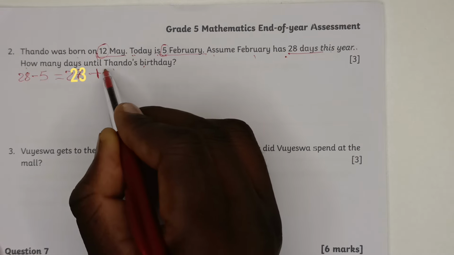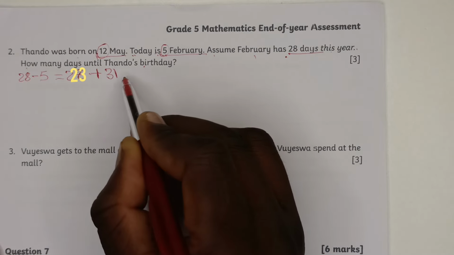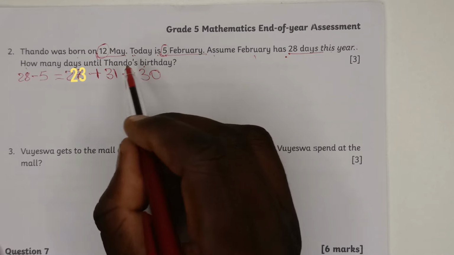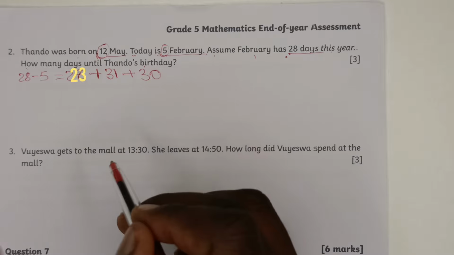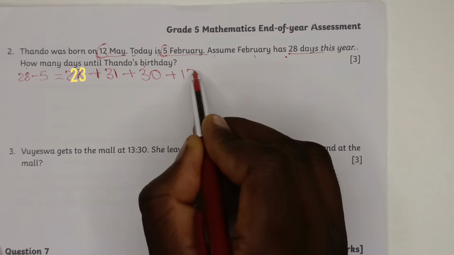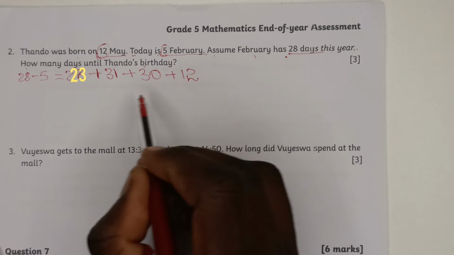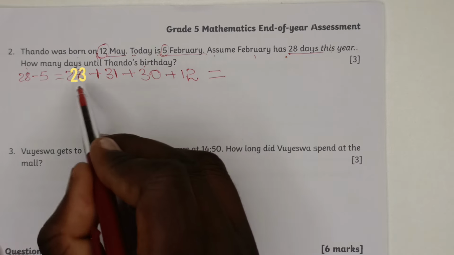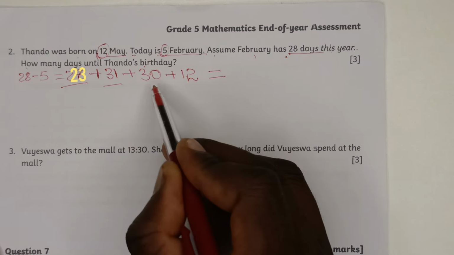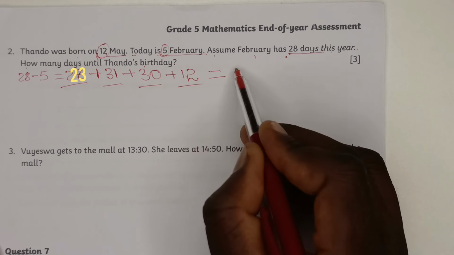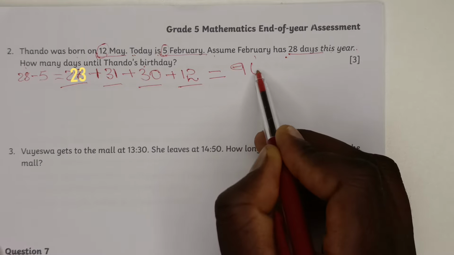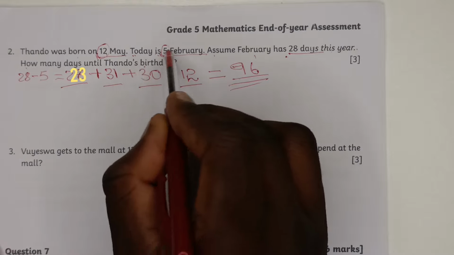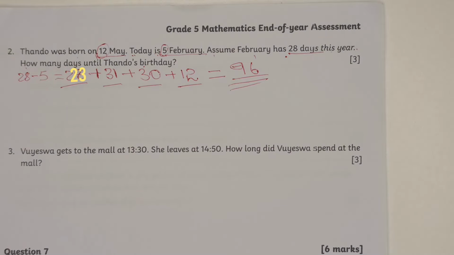So for March we add 31 days, plus for April we add 30 days. So they say it's on the 12th we add 12 days. So we add this plus this plus this plus this, and we get 96 days. So there's 96 days before it is Tando's birthday.